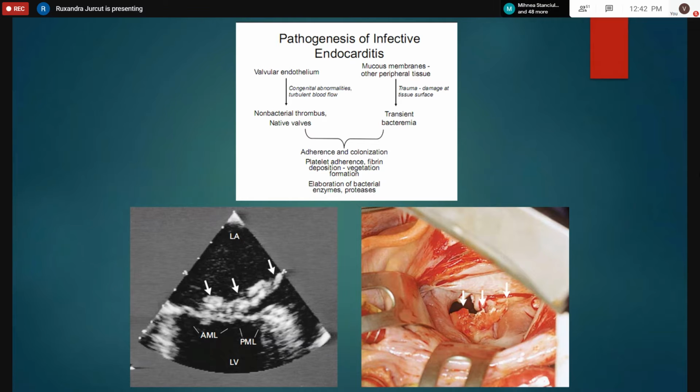The patient might, however, have fever or some altered state. But for such a thing, they wouldn't come to the cardiologist. They would either go to the GP or maybe to internal medicine or infectious diseases.